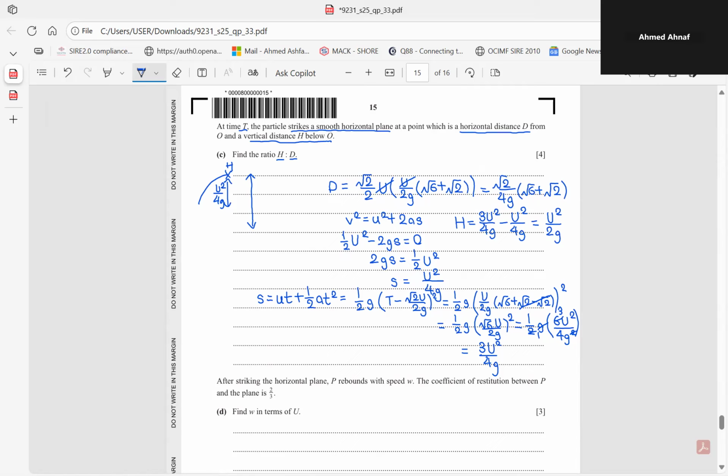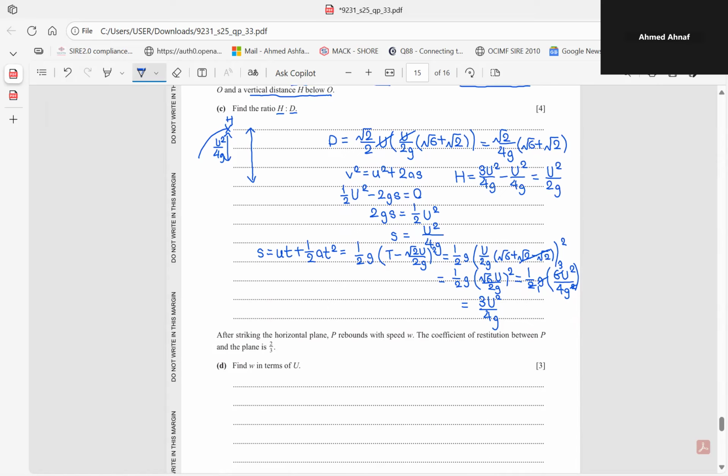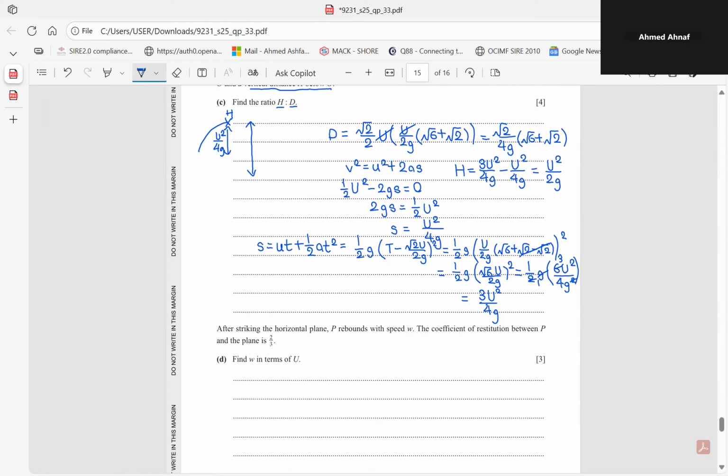Okay, now what should we do? So now we're gonna take h over d. So h is u squared over 2g, over d, that is square root 2 over 4g times square root 6 over square root 2.